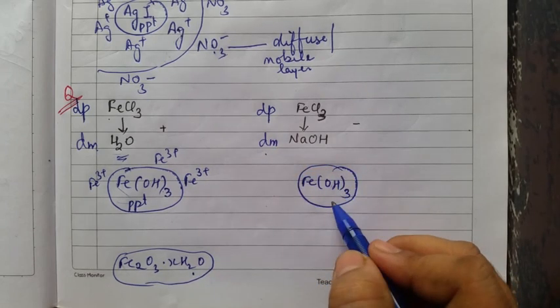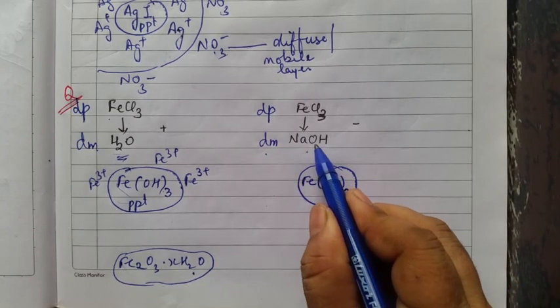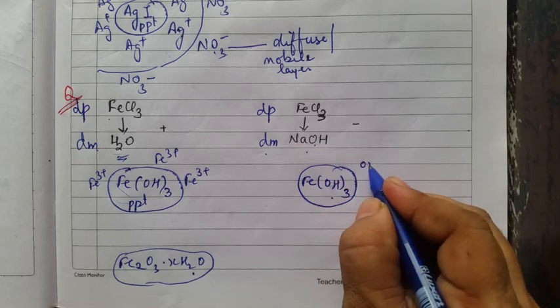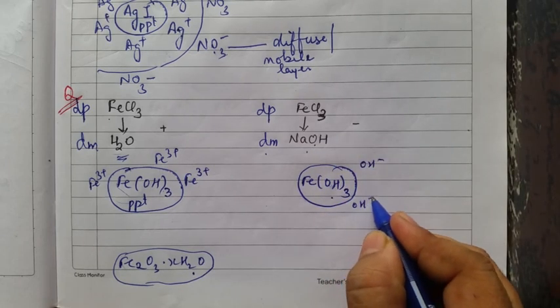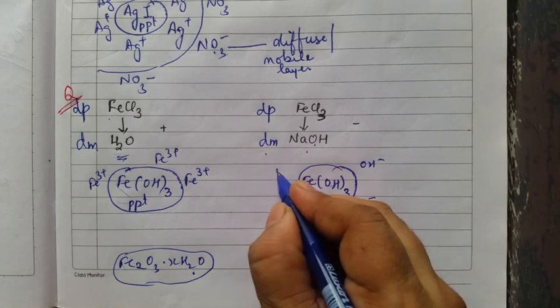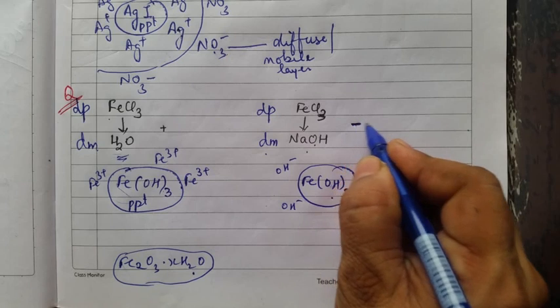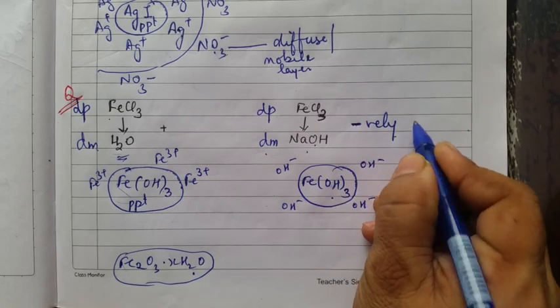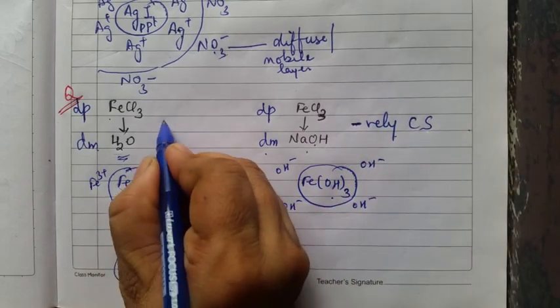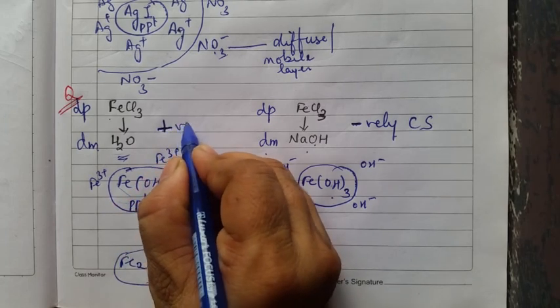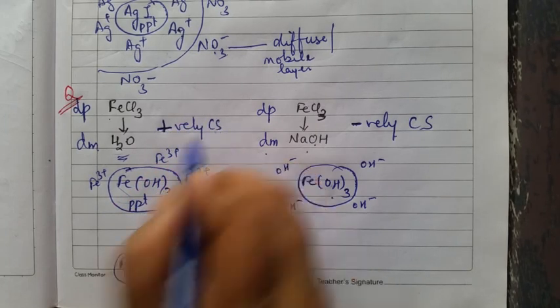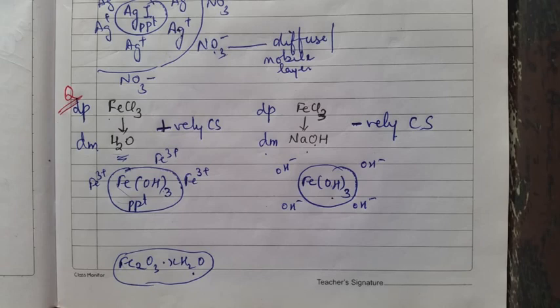What is common between the precipitate and the medium? OH minus. So what is going to get adsorbed on the precipitate? OH minus ion. That means it will result in the formation of negatively charged colloidal salt. The earlier one will form positively charged colloidal salt. All three things are clear.